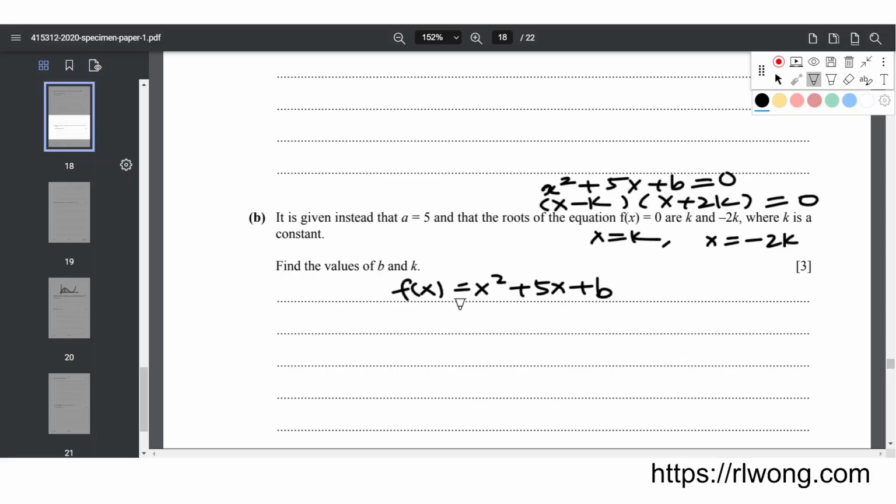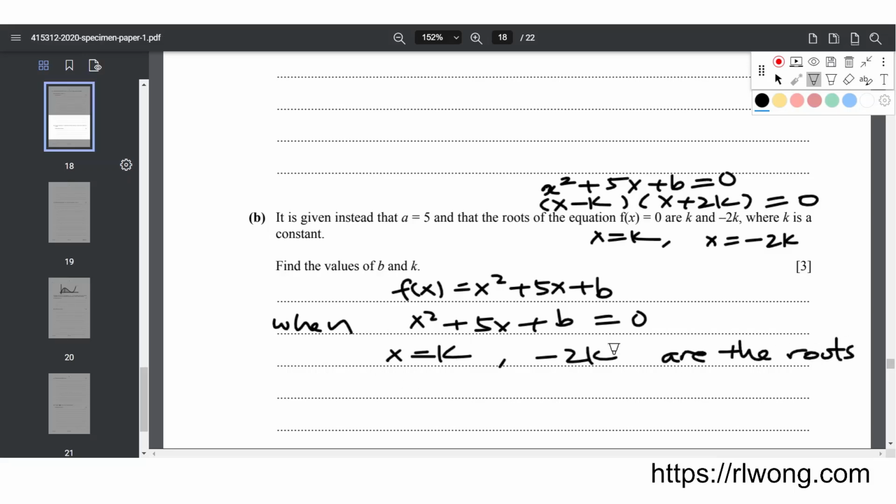So what we are going to do is, I know that x squared plus 5x plus b is equal to 0. When this is equal to 0, I know that x equals k and -2k are the roots.